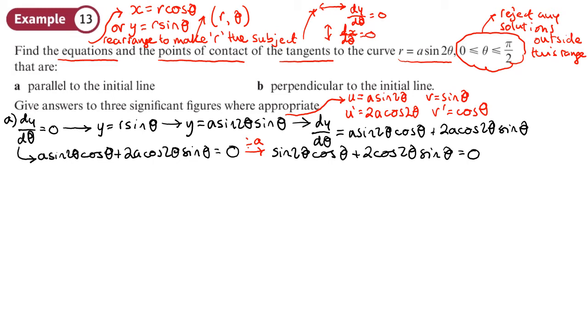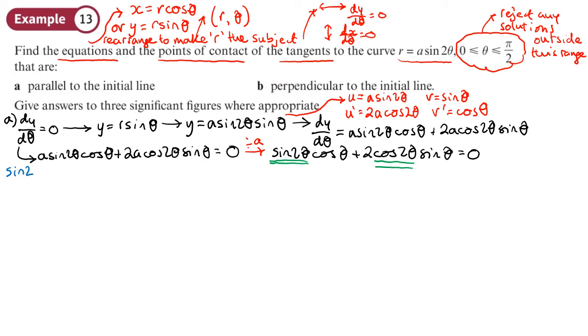Now this needs to be turned into something that I can factorise. So I need to do something with the sine 2θ and the cos 2θ and turn them into expressions where it's just sine θ or cos θ.